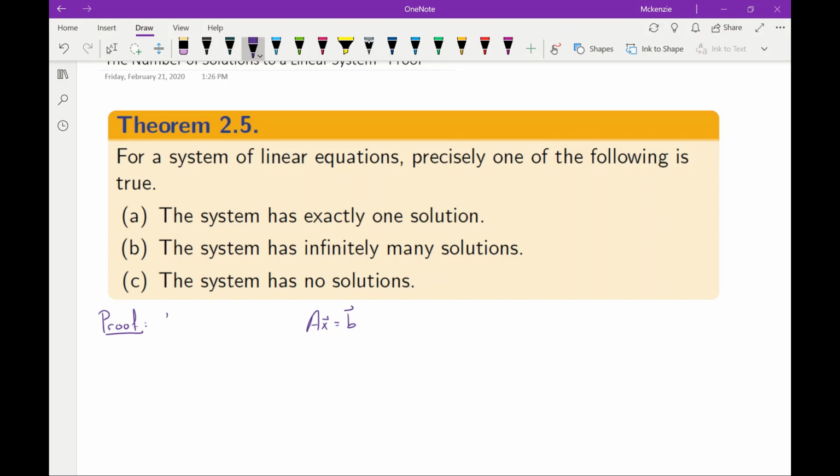So consider a linear system with matrix representation Ax equals b.